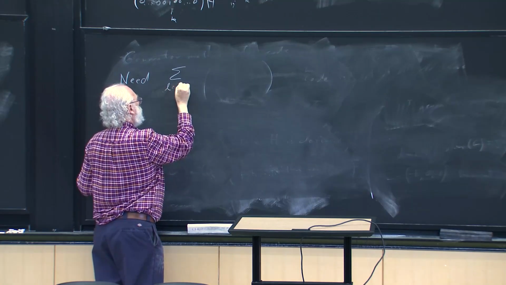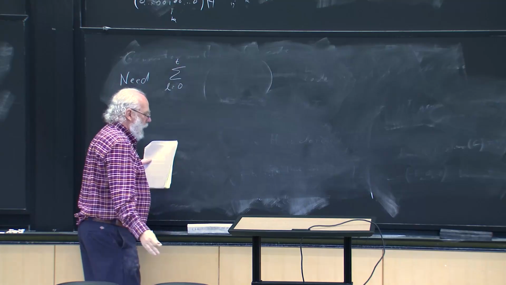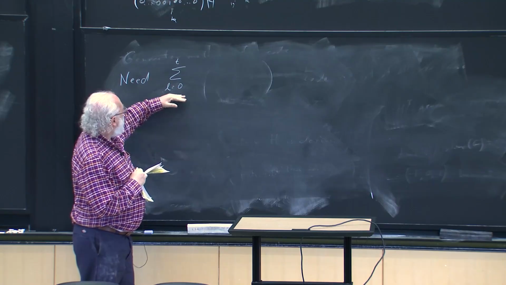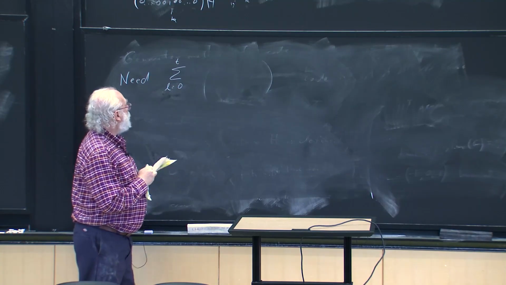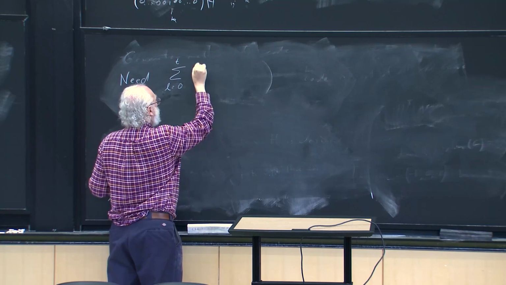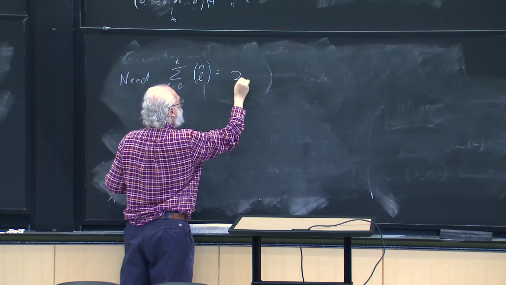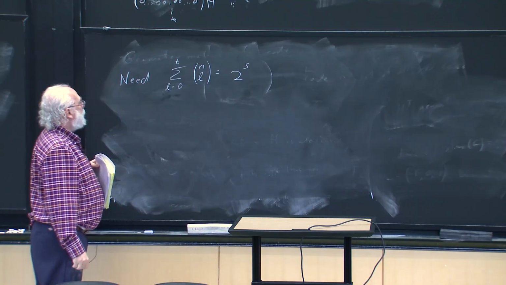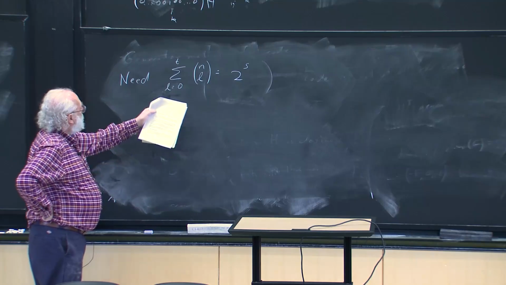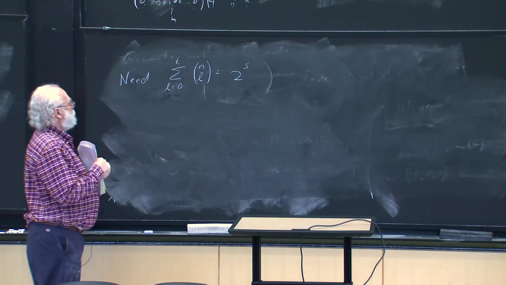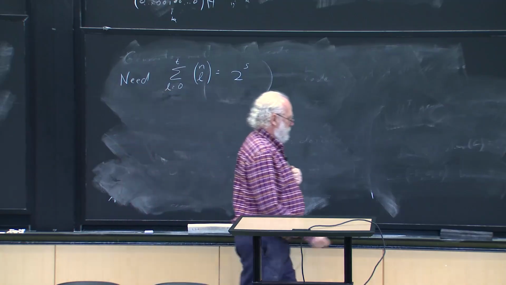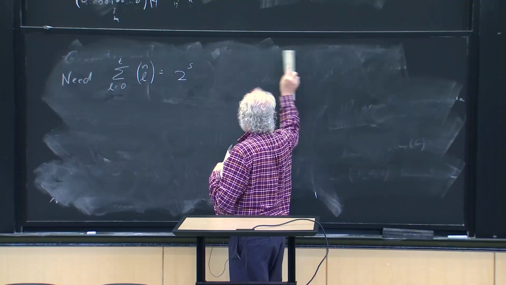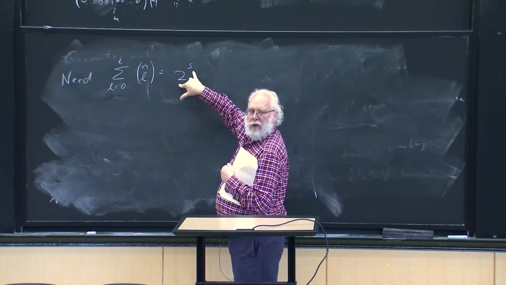Let's say L equals 0 through t. How many ways are there of getting an error of exactly L bits? It's n choose L, and the sum needs to equal 2 to the number of bits in the syndrome. So this is a condition that you need for binary perfect codes.